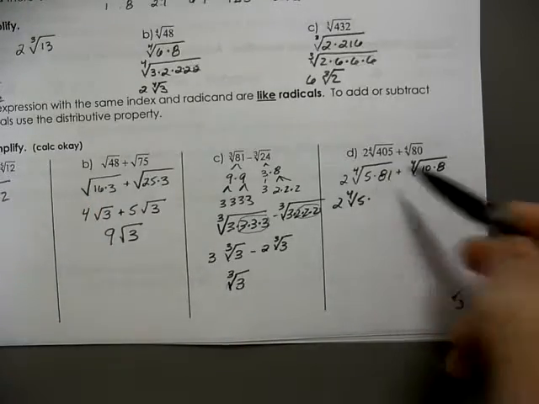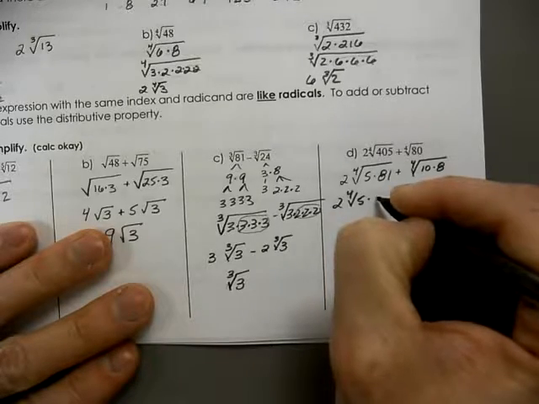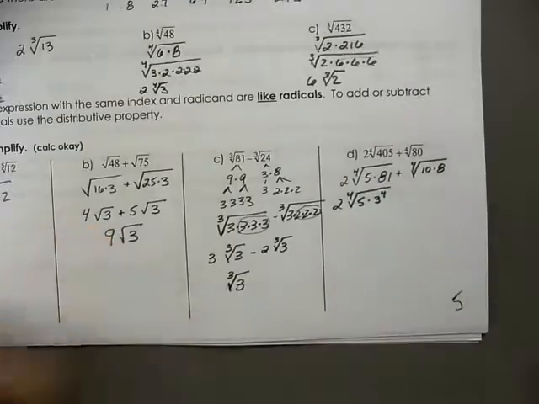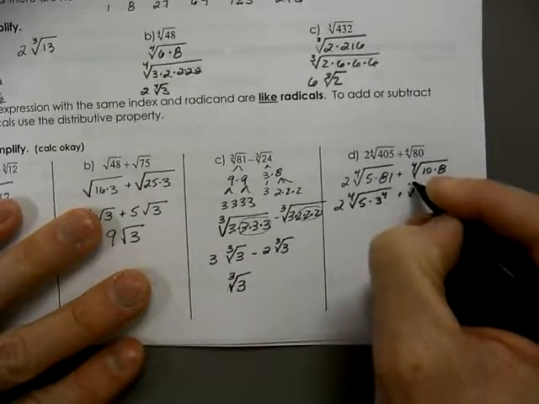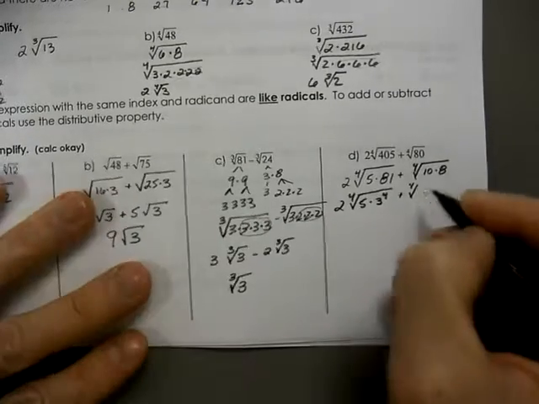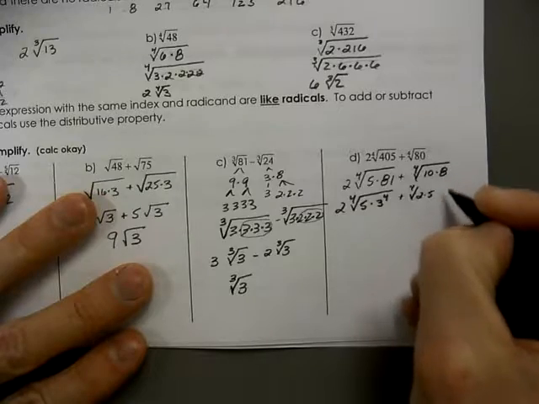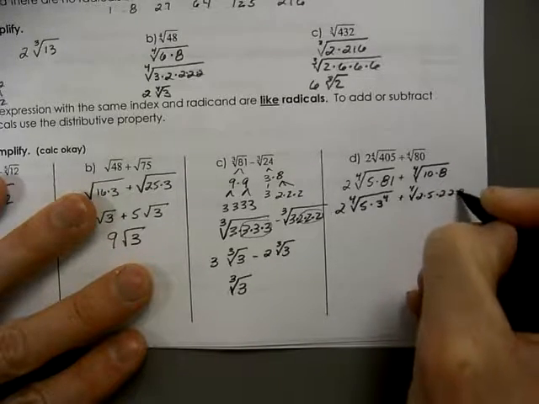Well, 81 is made up of 3 times 3 times 3 times 3, so that's 3 to the 4th power. Maybe you like that notation. Ten is made up of 2 times 5, and of course 8 is made up of 2 times 2 times 2.